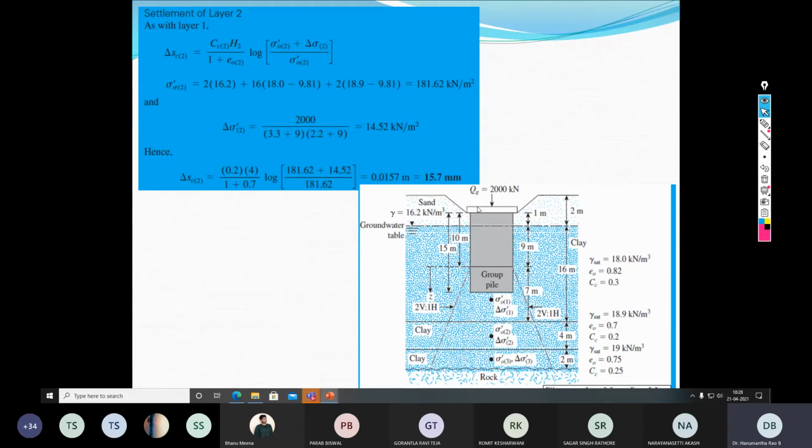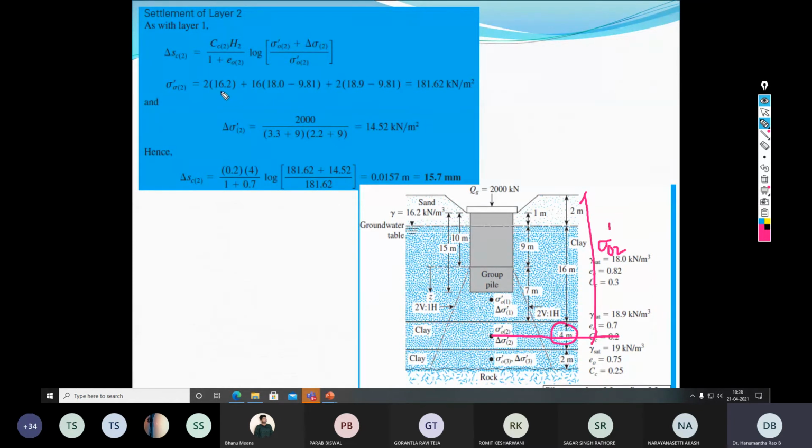So here I have given for layer number 2. The thickness of layer number 2 is 4 meter. The equation for consolidation settlement is Cc2 into H2 by 1 plus e naught 2, into log of sigma naught 2 plus delta sigma 2 by sigma naught 2. This is the middle of layer number 2, and this is sigma naught dash 2.